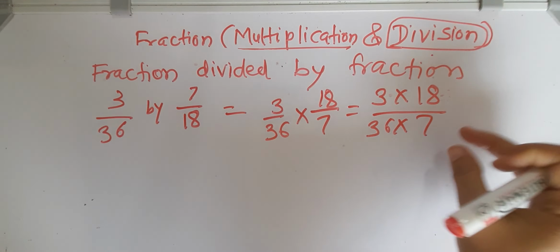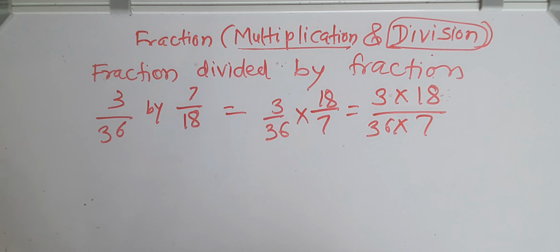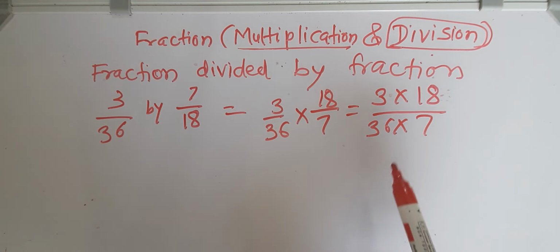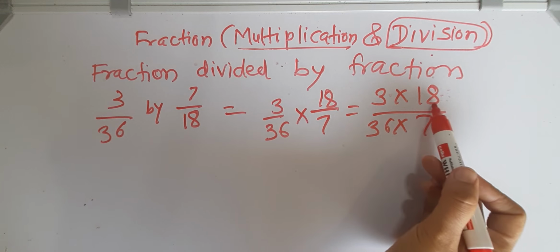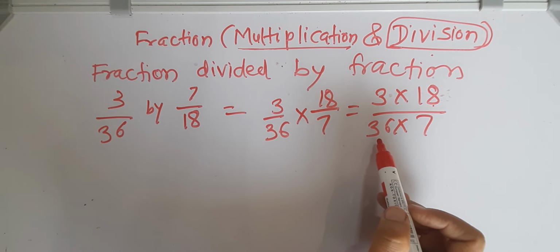This numerator part and this denominator part are in division. So we first need to check whether we can reduce it to its lowest term. Is it possible to divide here itself? If that can be done, that will make our problem easy. I don't want to multiply 36 with 7, I might take time to do that. Instead, what I can see, I know 18 ones are 18, 18 twos are 36.